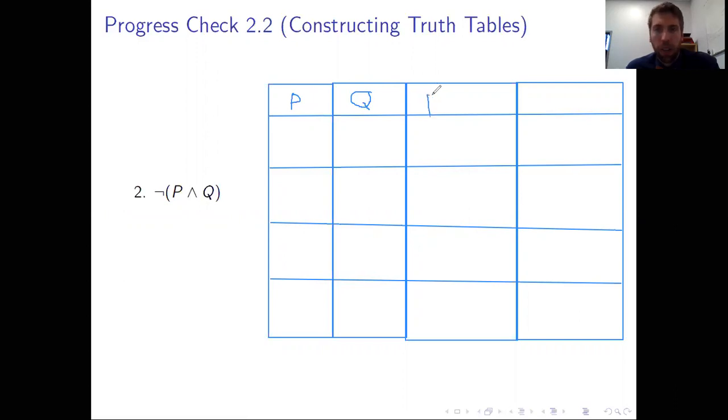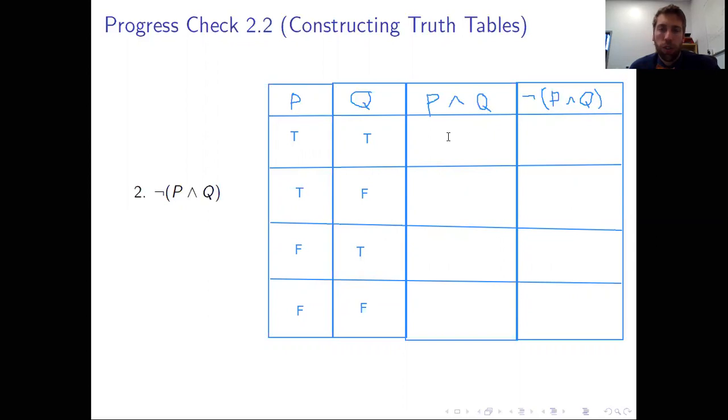So then we'll do P and Q, and then we'll do not, parentheses, P and Q. Again, we have truth, truth, false, false, true, false, true, false.